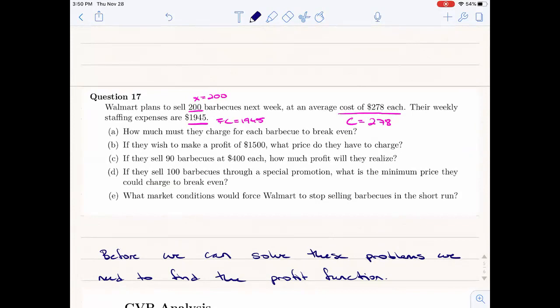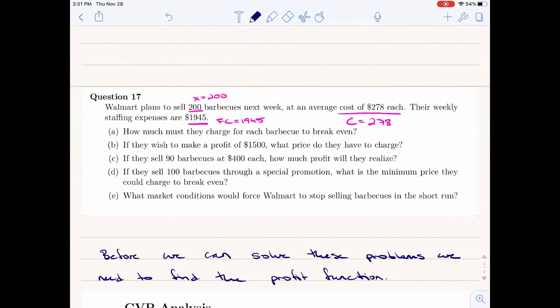And then we want to solve for P, if the profit is 0. But then because I had to read through these, I saw that at this point, our X is going to change to 90, and P is going to be 400. So that's why I want to have this bare bones profit function ready to go. It would be fine. You would just have to rebuild your profit function if you didn't.